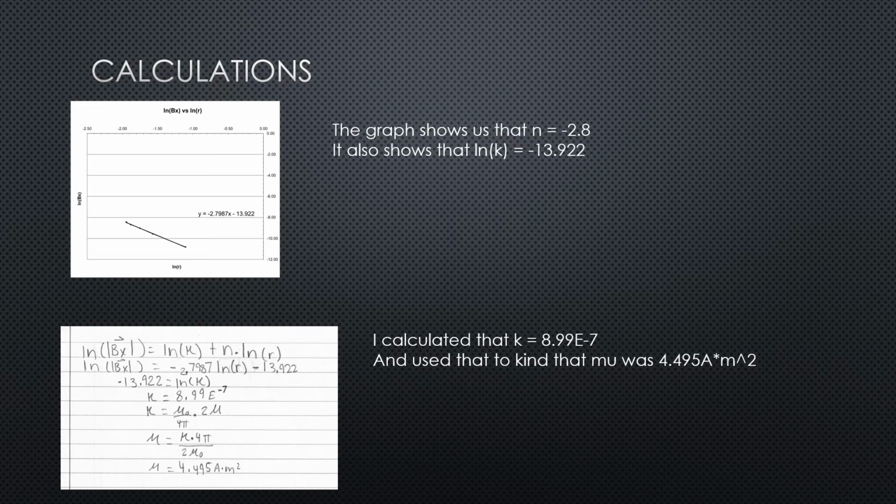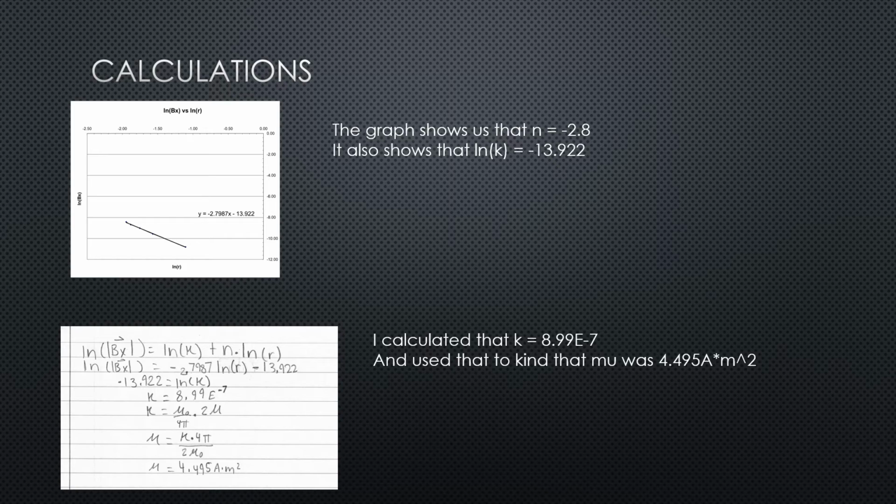And then from there I did have to do my own calculations and found that K was equal to 8.99 e to the negative 7th, and I did that simply by raising e to that natural log of K to find the actual K value.